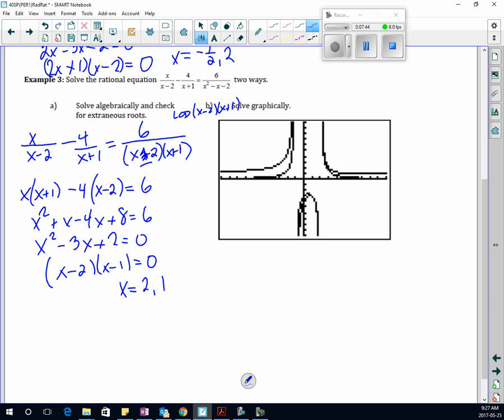So let's look at our graph here. Hard to really see here, but at x equals 2, I don't even know where the intersection is. Oh, here it is, 2 and 1, right there and right there. NPVs, what are my NPVs? X cannot equal 2 and negative 1. Ooh, so that means we don't have one at 2, which I didn't see one at 2.